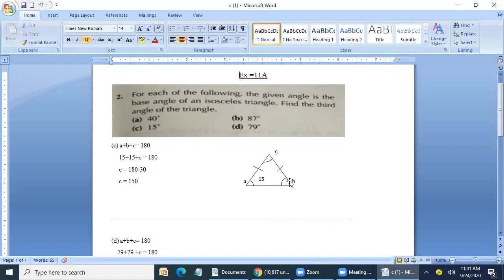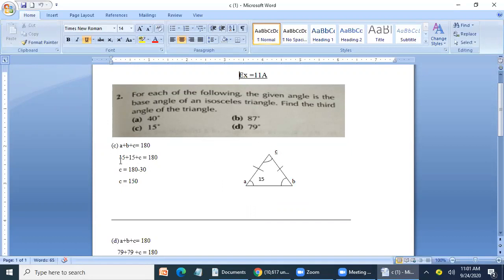So these two sides are equal, which means these two angles, A and B, are equal as well, because the side opposite to the equal angle is equal. If this side is equal to this side and this angle is 15, that means this angle is also 15. So we have two angles, one is 15, second is 15. We have to find the third angle which is C.